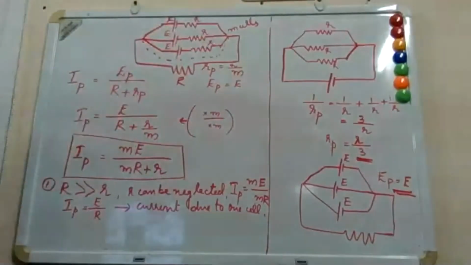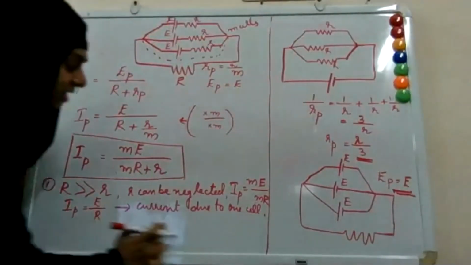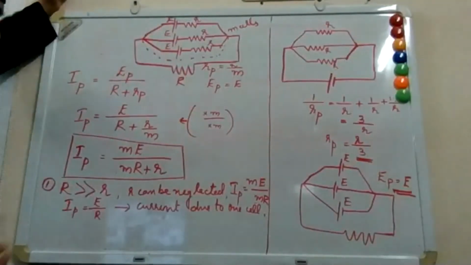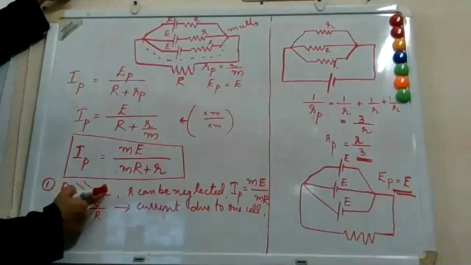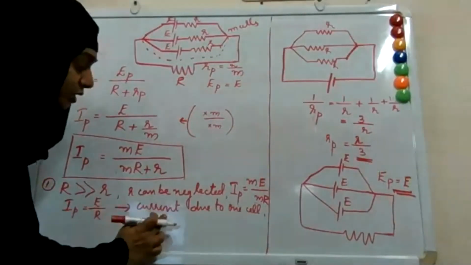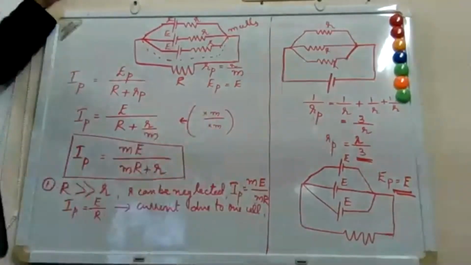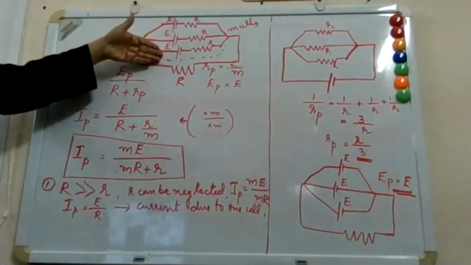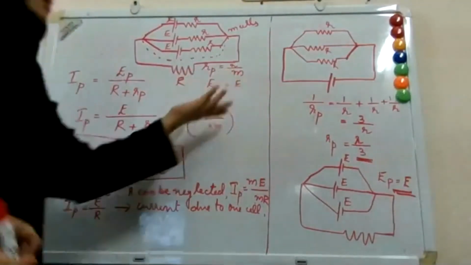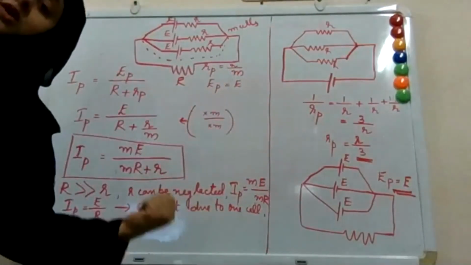So is there any advantage in connecting the cells in parallel if the external resistance is very much greater than small r? No, because the current is due to one cell. Even if we connect many cells in parallel, the voltage we will get will be the voltage due to one cell only.